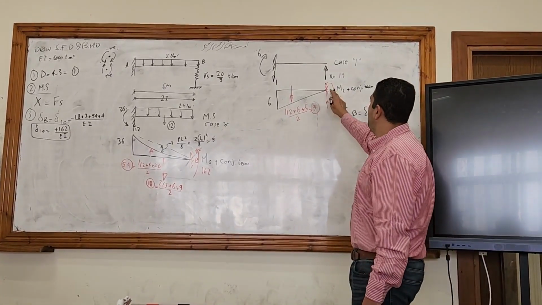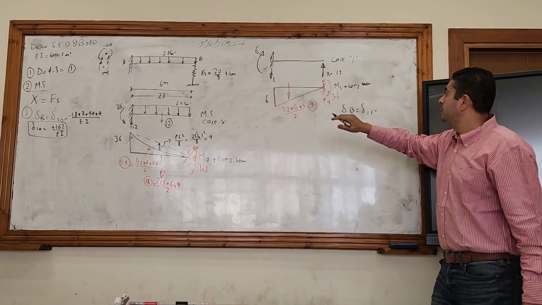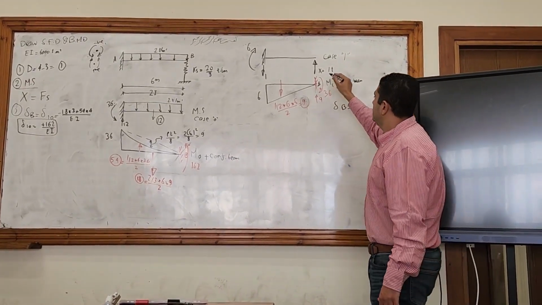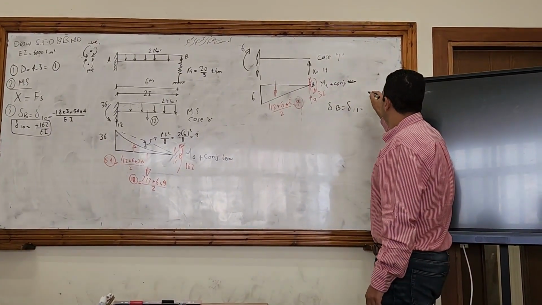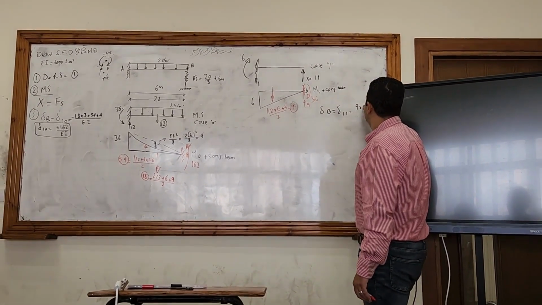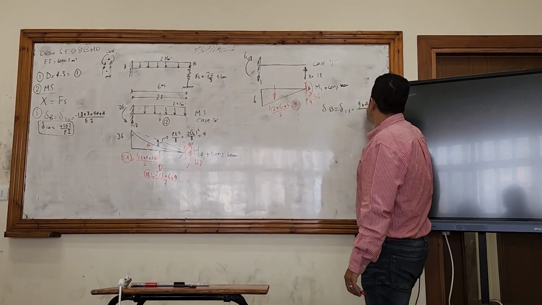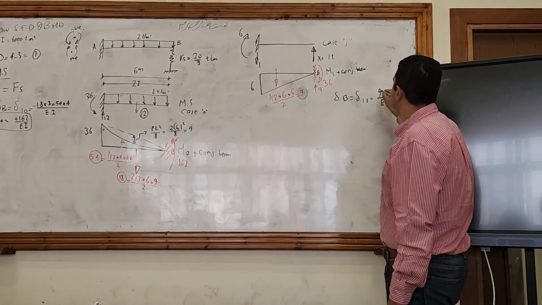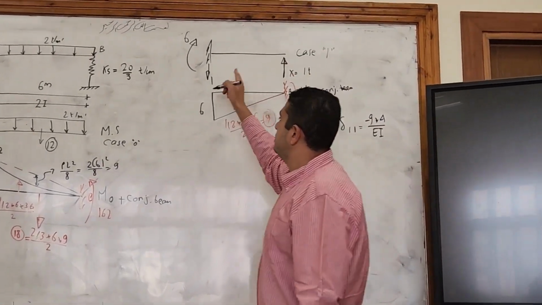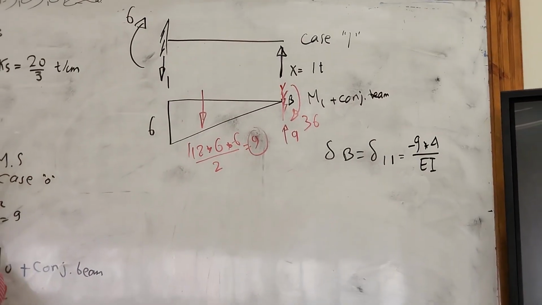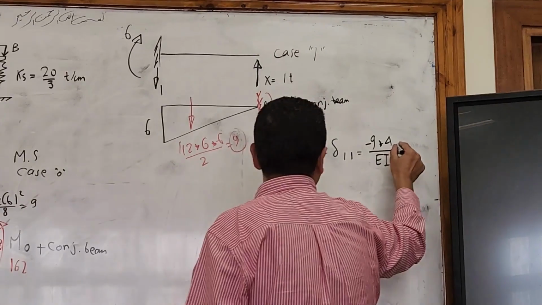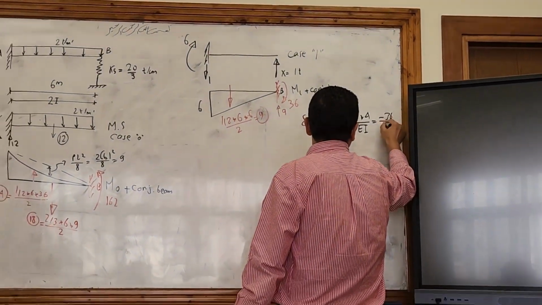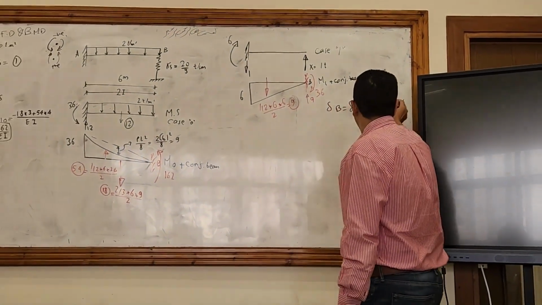The moment at B. I already calculated the moment at B here, which was 36, intentionally. It was 9 times 4 divided by EI, and the sign is negative. The tail is upward, so the sign is negative. So it's negative 36 divided by EI.